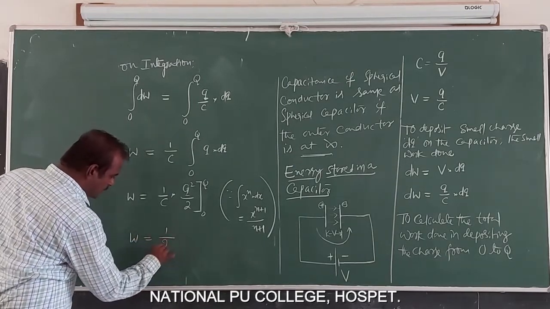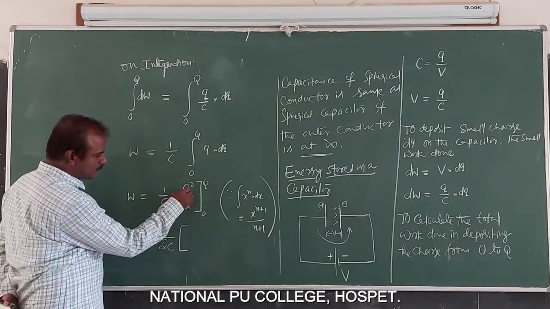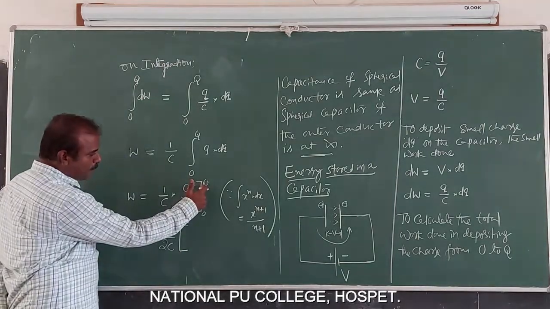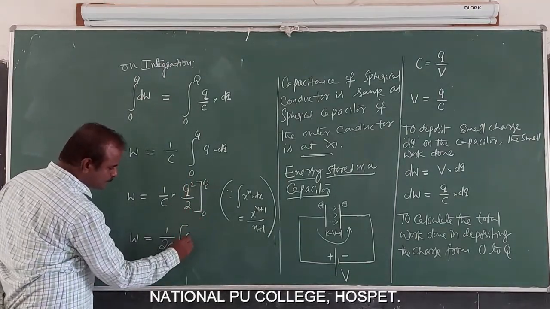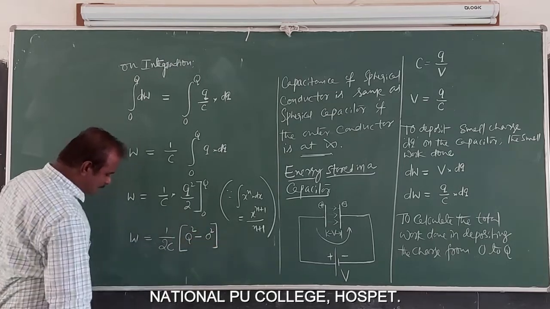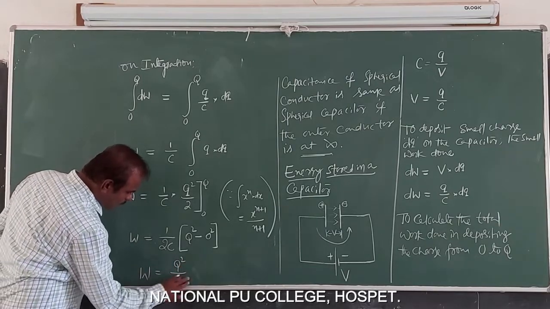One by 2C into limits, if you apply, because this is variable from 0 to Q, upper limit, lower limit, Q square minus 0 square. This is W is equal to Q square by 2C.